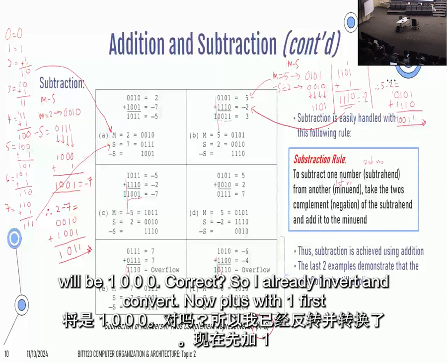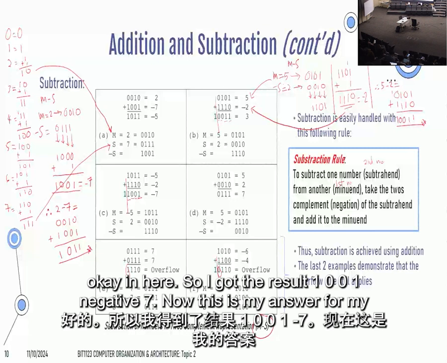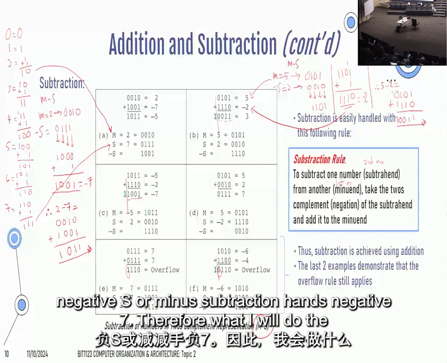So I already inverted. Now plus 1, the first complement. After I've inverted, the second rule is to add 1. So I got the result 1, 0, 0, 1, negative 7. Now, this is my answer for my negative S, or minus subtrahend, negative 7.